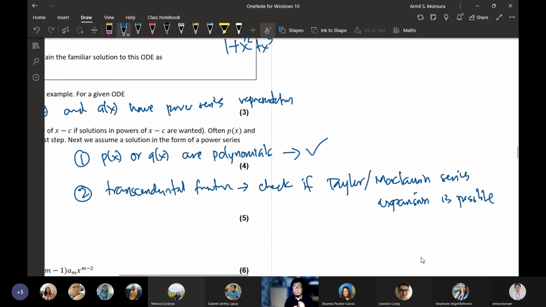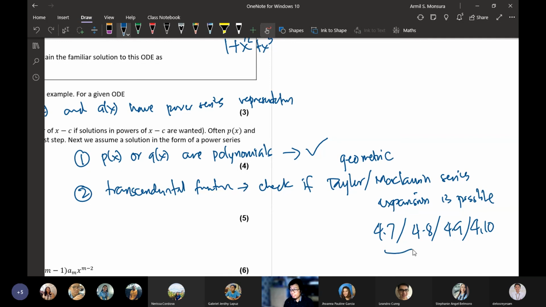Pwede niyo i-check sa lesson 4.7, sa lesson 4.8, tsaka sa 4.9 at tsaka sa 4.10. Hindi lang pala to, pwede rin palang geometric series. You can also use geometric series here.